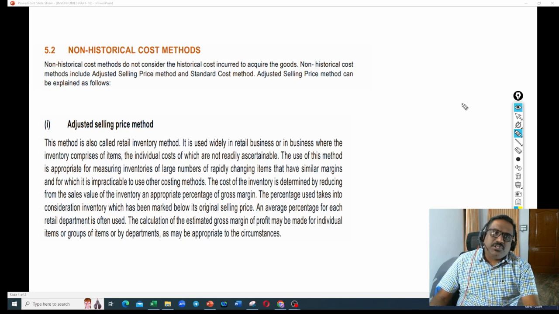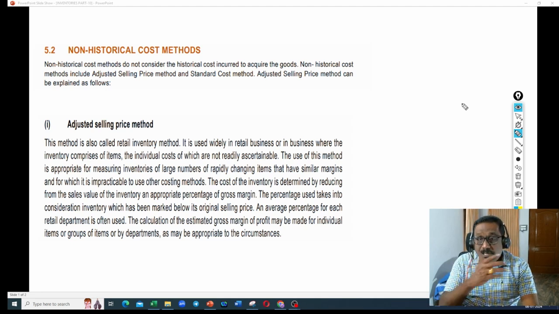Non-historical cost methods do not consider the historical cost incurred to acquire the goods. What does it mean? In historical cost methods, be it FIFO, LIFO, weighted average, or simple average, we took the historical price of the inventory purchased.